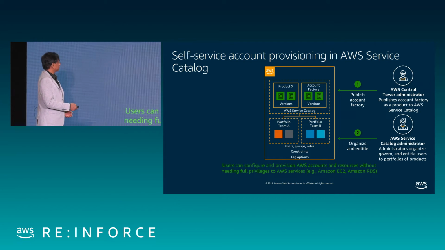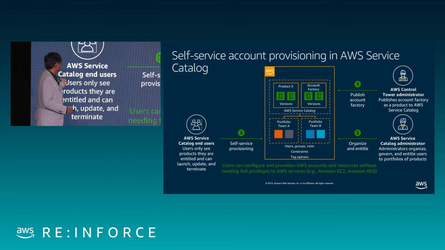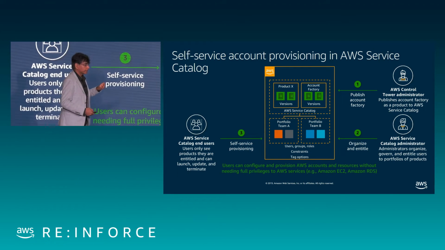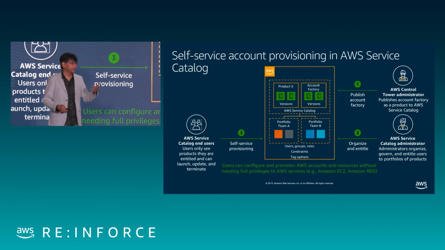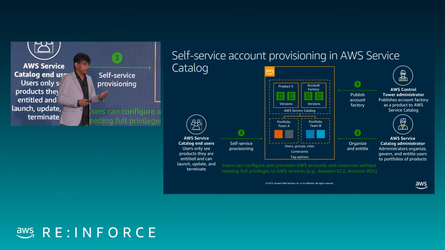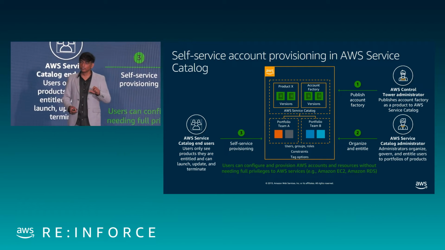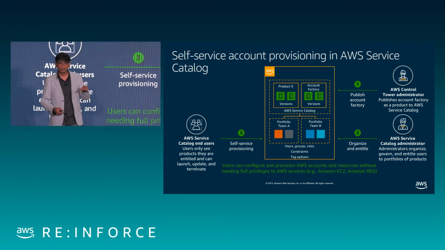So the model then is, once these are available, your end users can go directly to Service Catalog. They will find an account factory as a product, and they can configure it using the same parameters that you configured, which is network factory, and they can specify which organizational unit this account should go under.